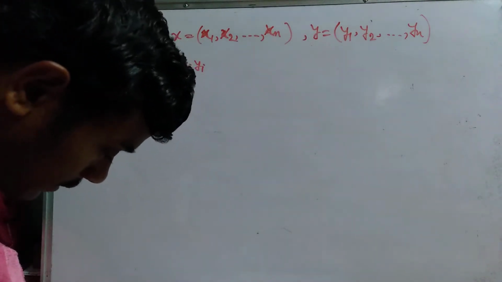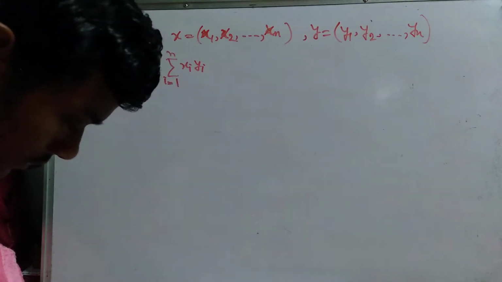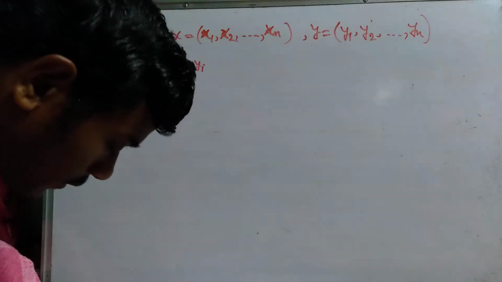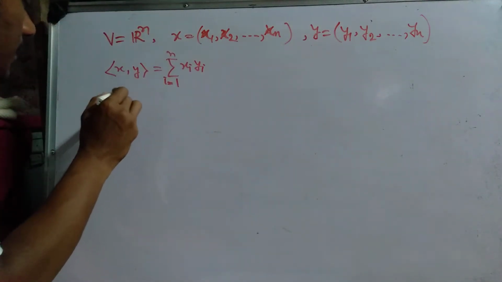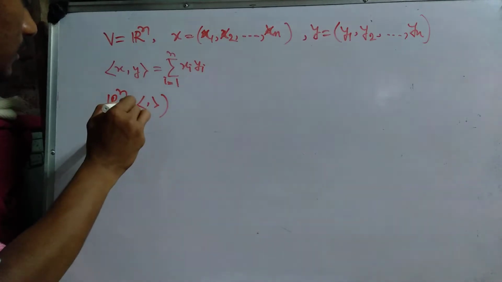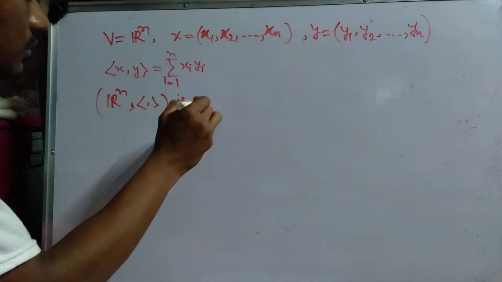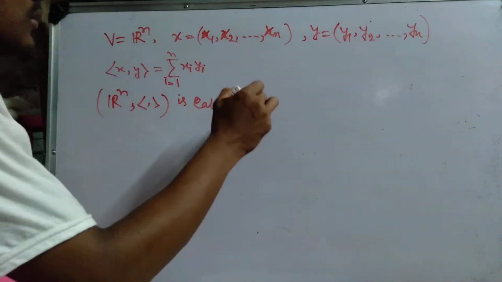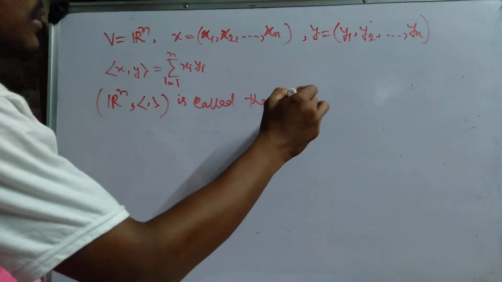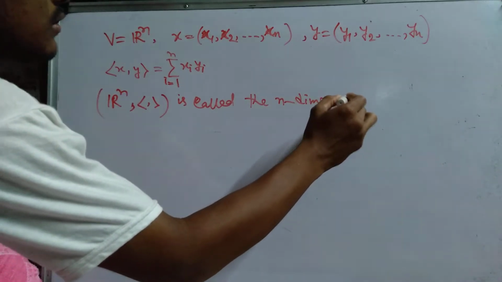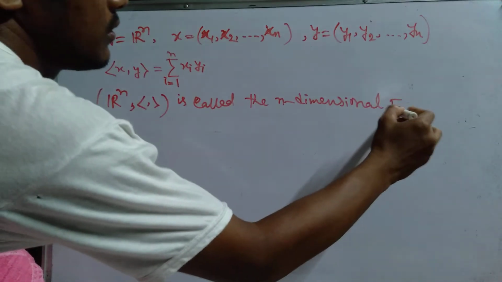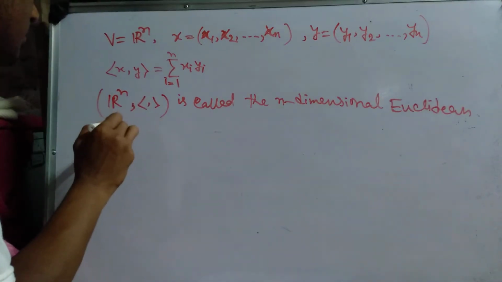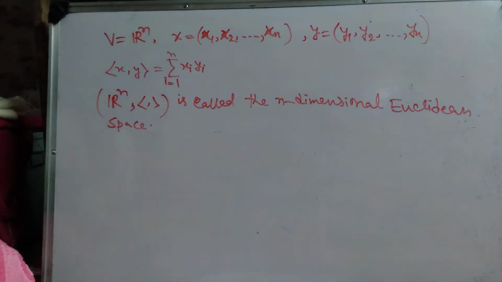Then it is an inner product. This dot product is denoted by an inner product, and R^n with inner product is called the n-dimensional Euclidean space.